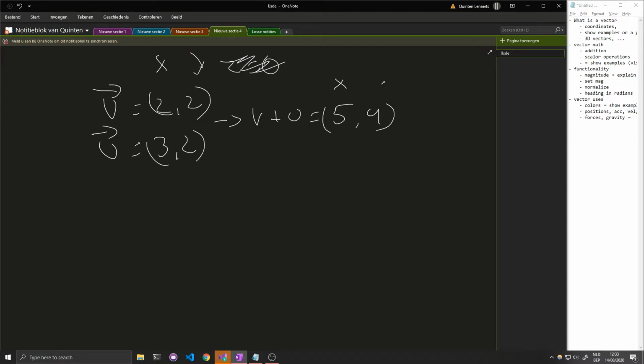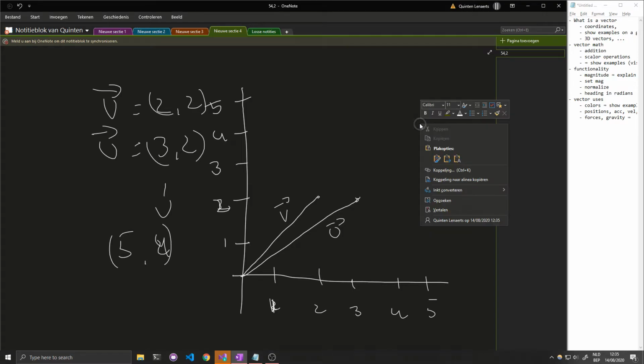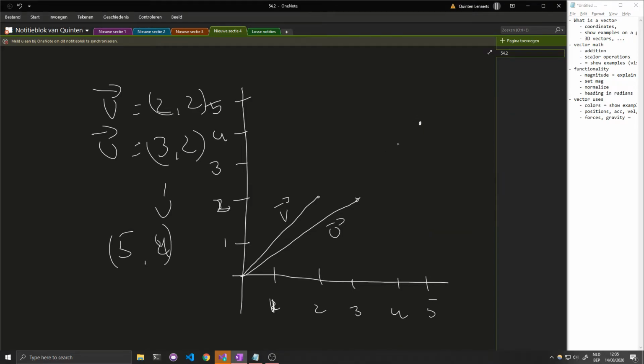But we can add v and u to get a vector with these components. The x is 5 and the y is 4. So you can obviously just display these coordinates like this. If we were to represent these two vectors on a graph, we get this. Now when we add these up, we get the resulting vector of 5, 4. Right? So we can also just draw this one 5 and then 4 over here, which you might notice is the same as simply putting the start of one of these two vectors on top of the end of the other.